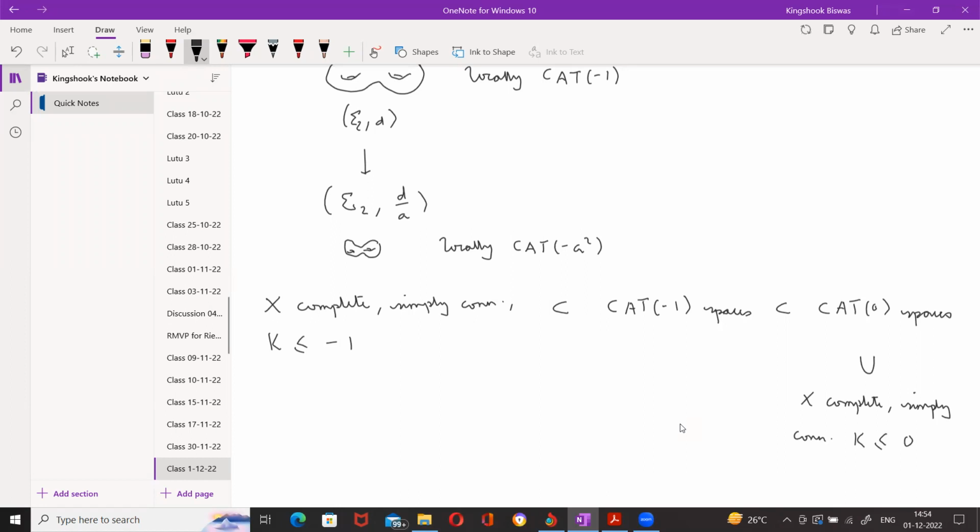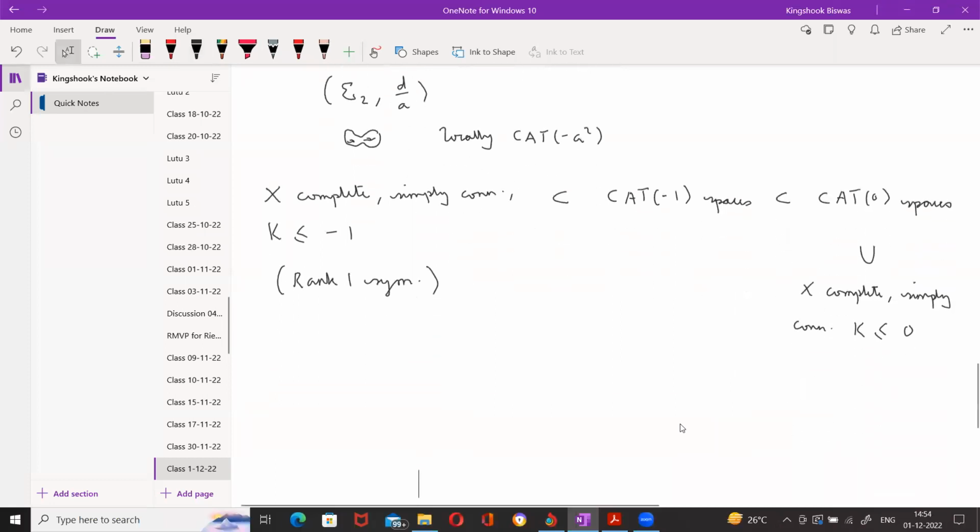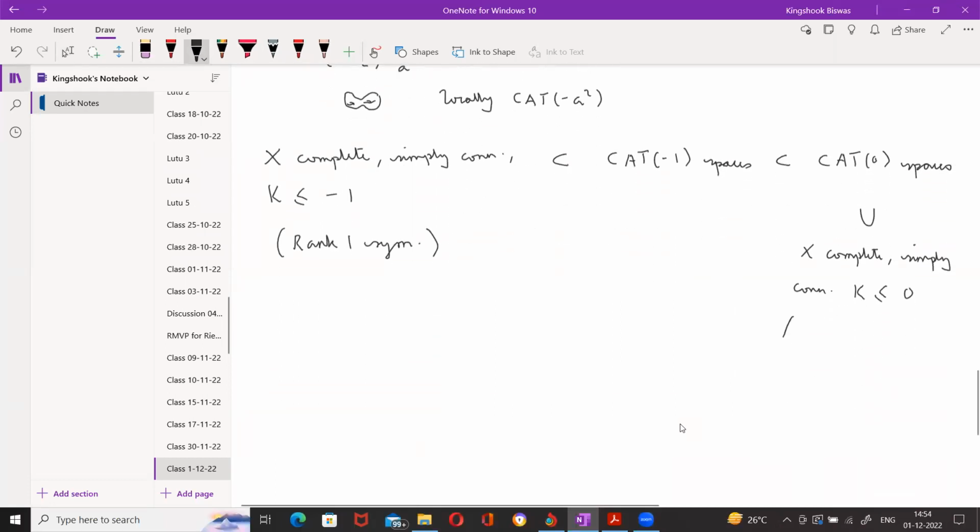These are CAT(0), but they may not be CAT(-1). The rank 1 symmetric spaces fit in the complete simply connected, curvature less than or equal to -1 class. In particular, they are also CAT(-1), and so they are also CAT(0).